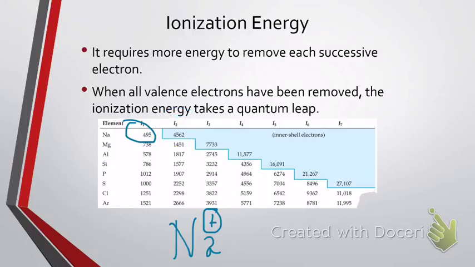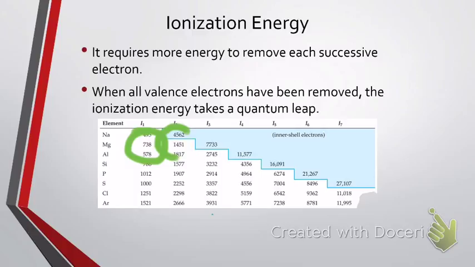If we look at magnesium, which is in the second column on the periodic table, it has 2 electrons in its valence shell. It takes a little bit more energy to remove that first one than sodium. It takes a little more energy to remove the second one, but then it's happy because it too looks like neon.